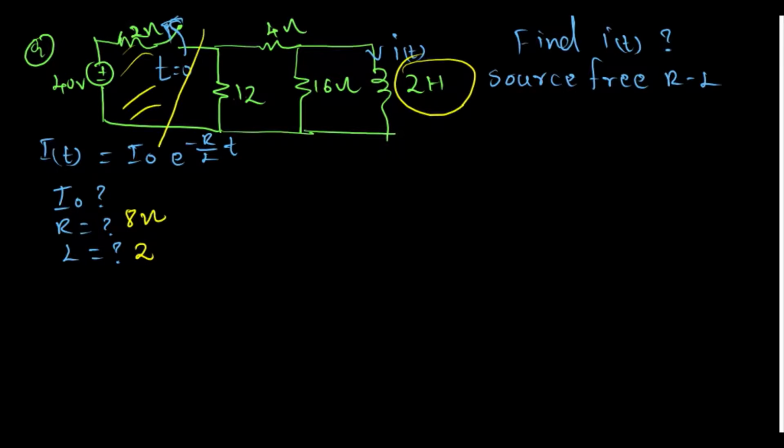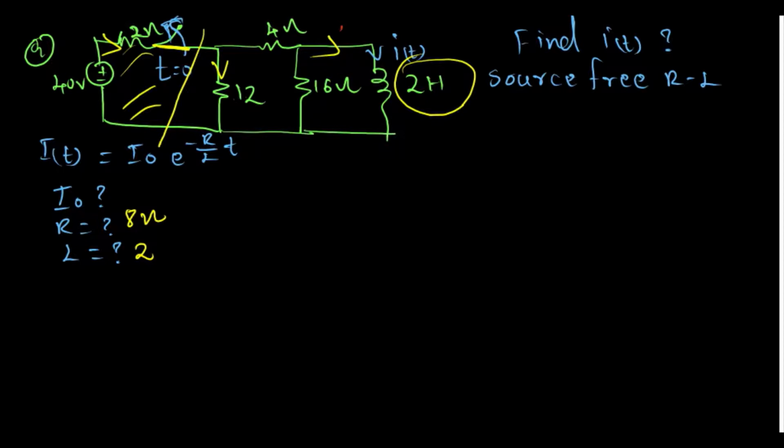Now we need to find I naught. When t is equal to 0, what is the current through this inductor? When t is equal to 0, this switch is on, so the current passes through this path. There is no current through this way because there is no resistance in this part, so all the current goes this way.